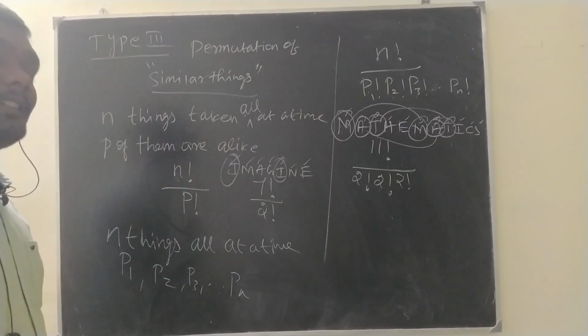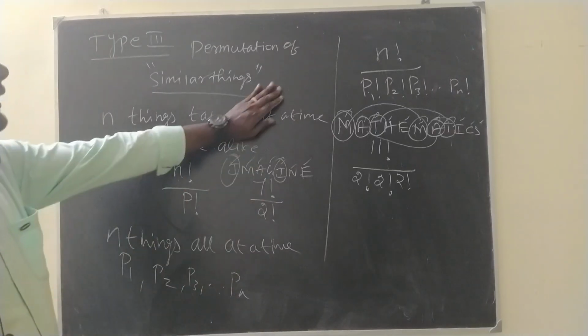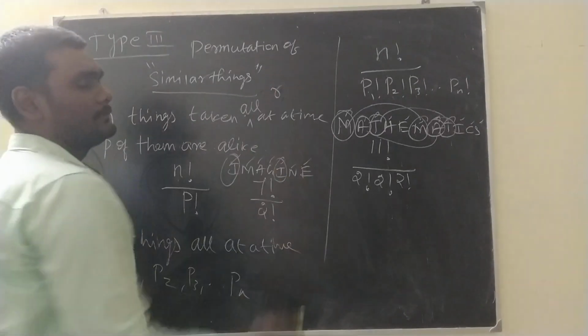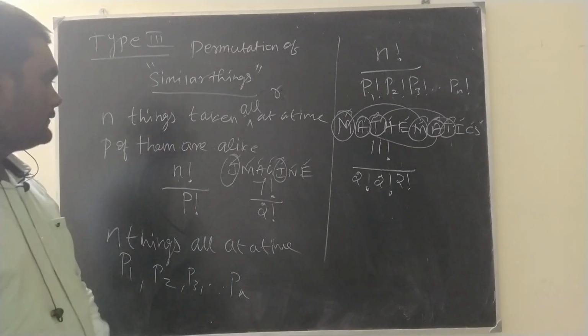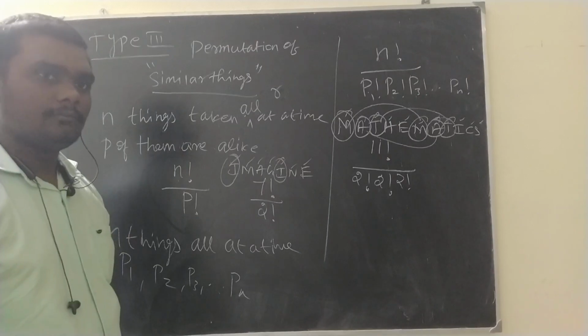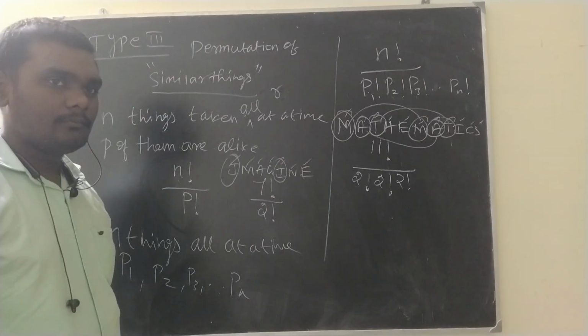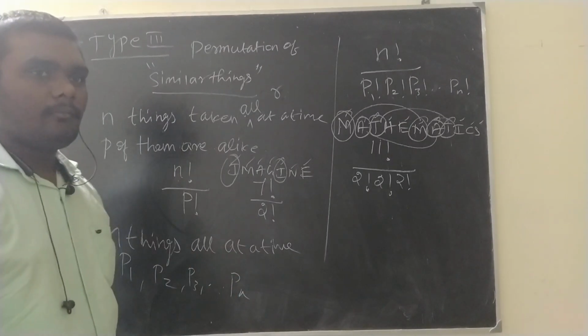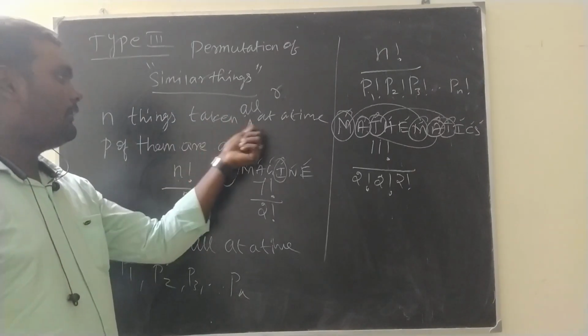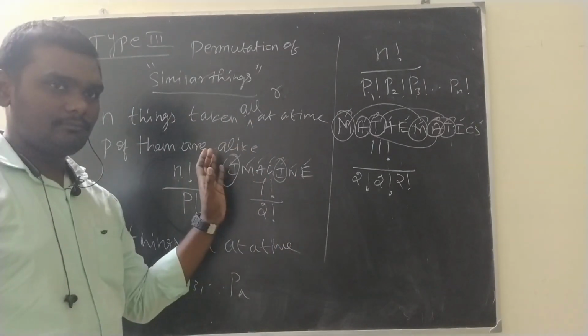Suppose instead of all at a time, we are taking r at a time. In that case, nPr by P factorial. I'll explain in detail.